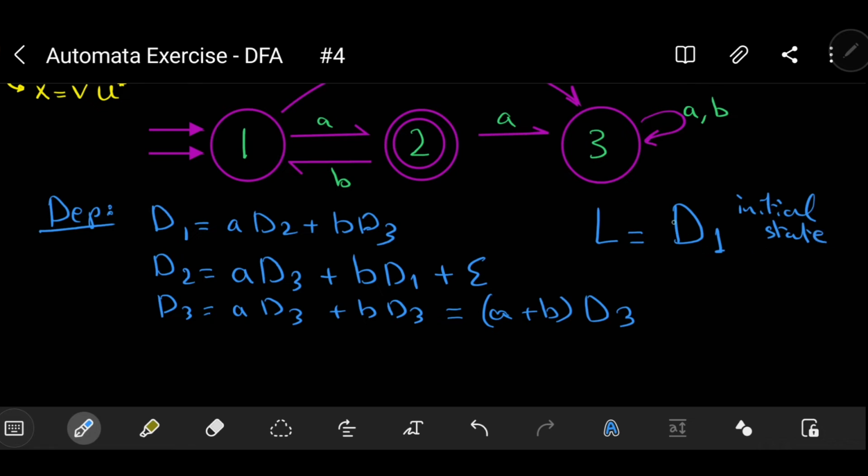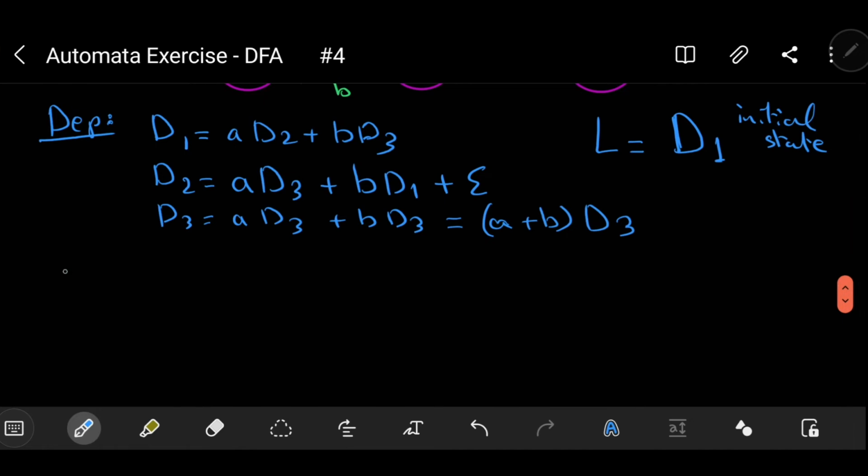So remember guys, for the departure we get the initial state, and for the arrival we search for the final state. So L for the departure is equal to the initial state, and for the arrival it is equal to the final states.